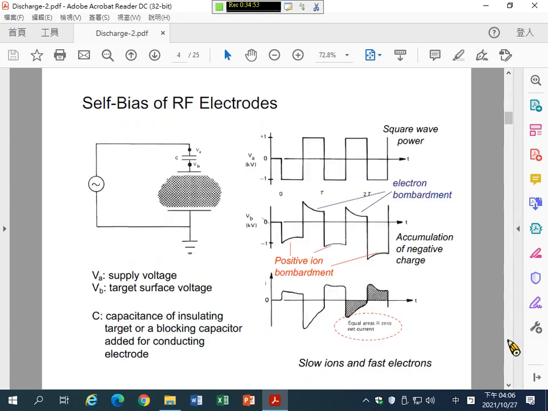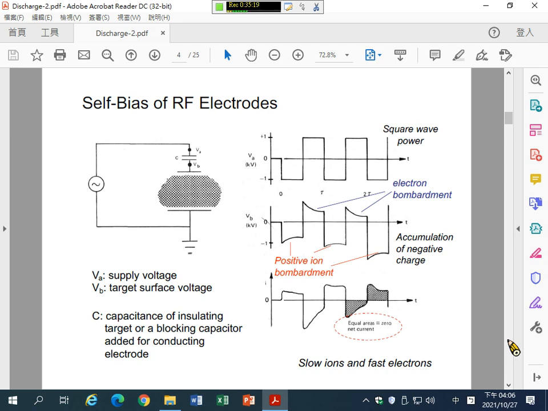So in this figure, the surface is initially charged up to minus 1,000 volt. Then, because of the positive ion bombardment, the potential of the surface of the top electrode decreases. For example, it might decrease to only minus 800 volt.